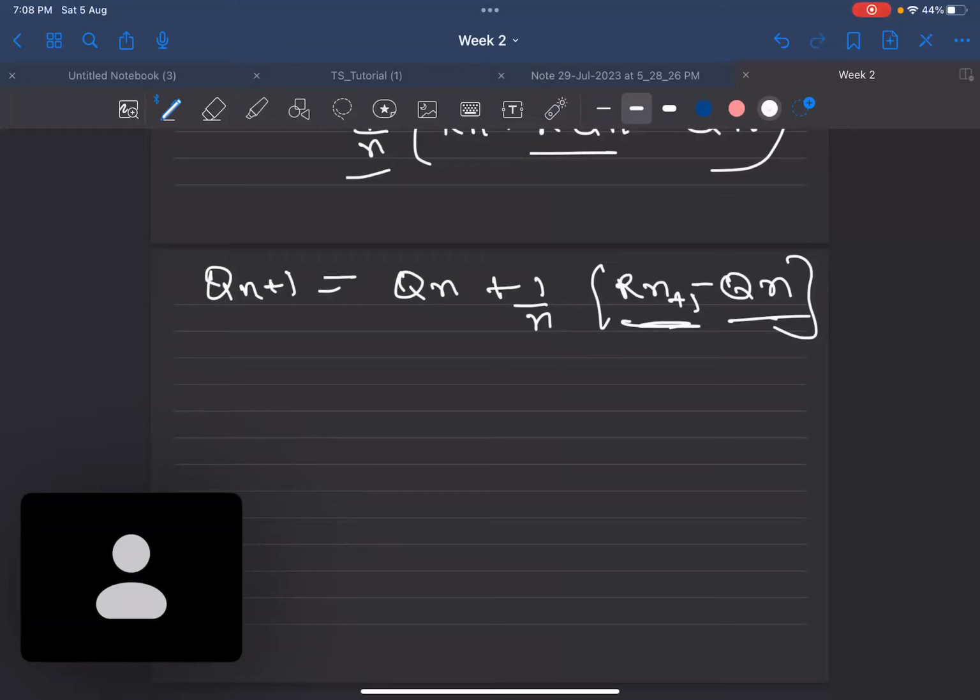Okay, so Rn plus 1 is the reward that I have got now at n plus 1. Got it. So shouldn't the step size also be 1 upon n plus 1? Yes, ma'am, the equation is saying that. Qn plus 1 by n plus 1, because otherwise at the first time we are picking it, n will be 0. Yes, you're correct.